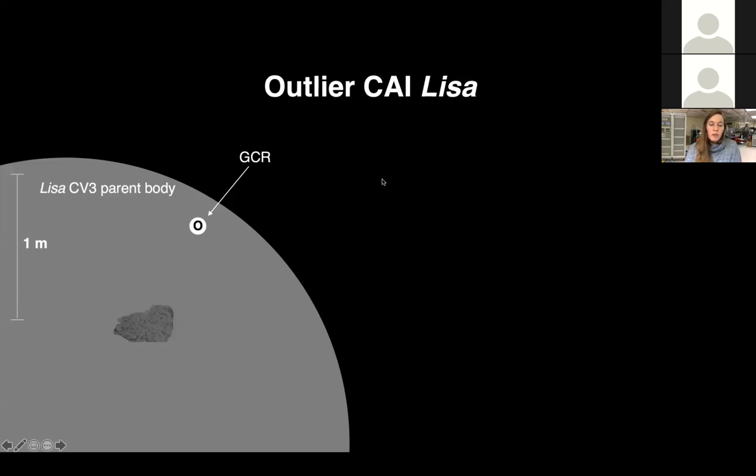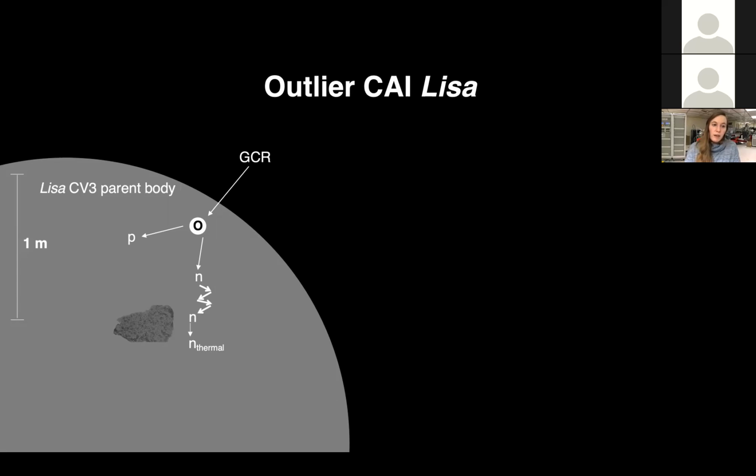So the scenario could go like this. You have a galactic cosmic ray that hits the surface of the Lisa CV3 parent body and interacts with oxygen near the surface. And this produces protons and neutrons, and some of these neutrons can be really fast and thermalized.